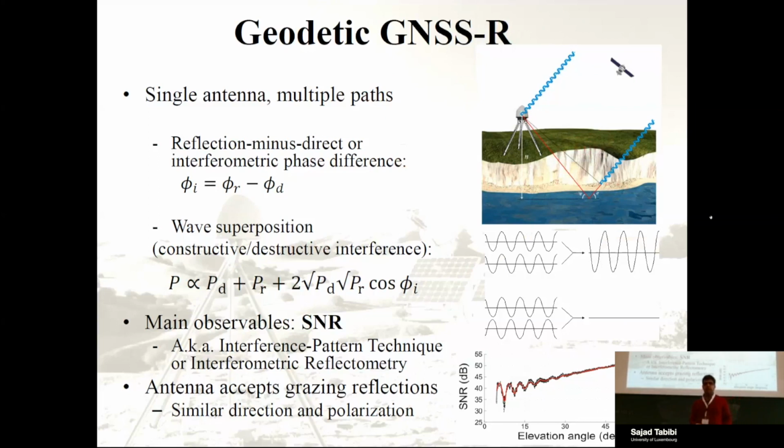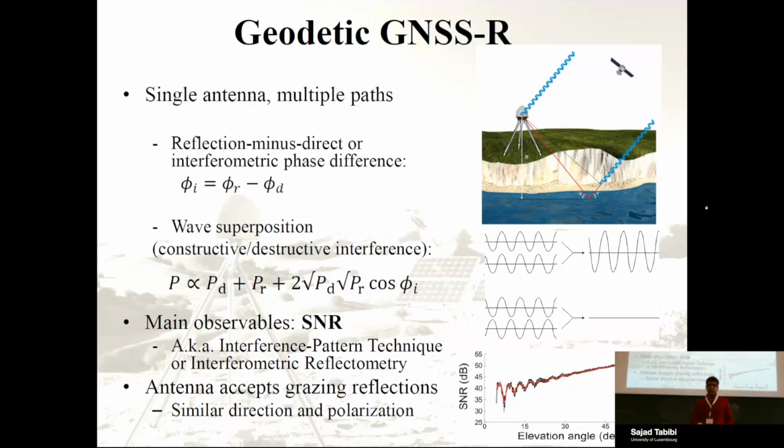For example, as you can see in this simulation, we can have constructive and destructive phases. So when they are going in and out of phase, we are going to have these fringes, as you can see in the SNR observation over elevation angle. As you can see, the satellites are orbiting, so the satellites are rising from 0 to 90, and then they are setting to the horizon.